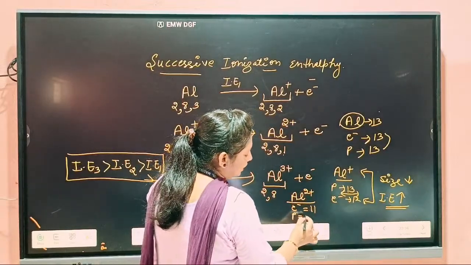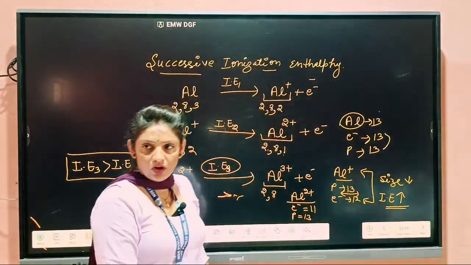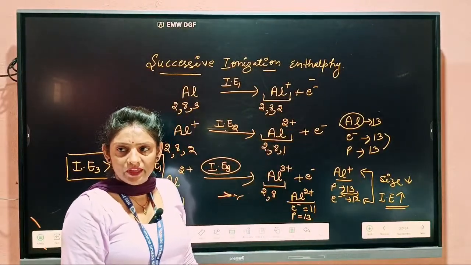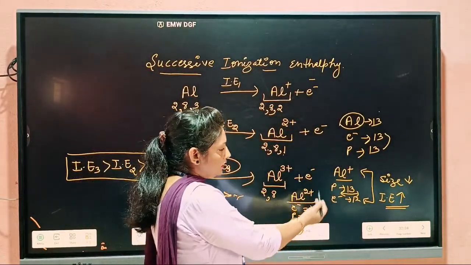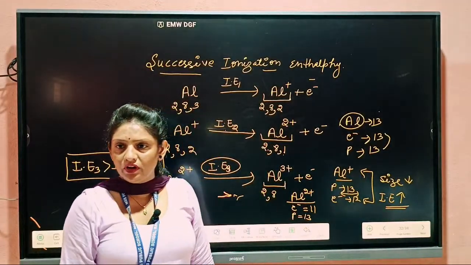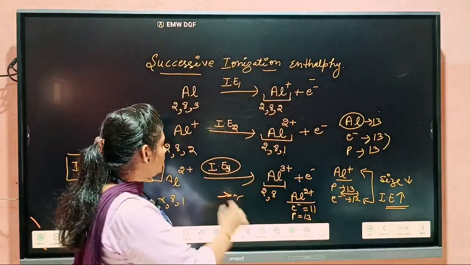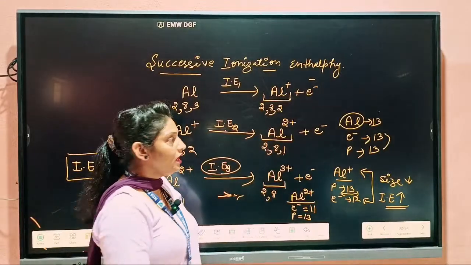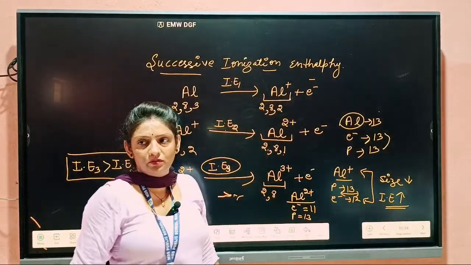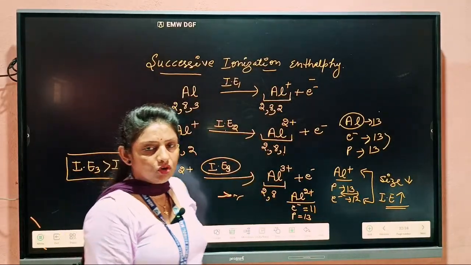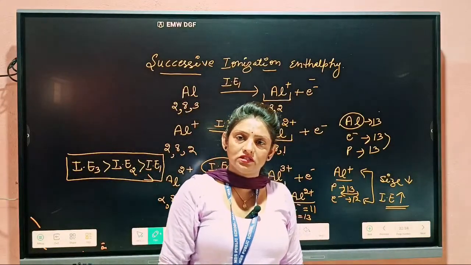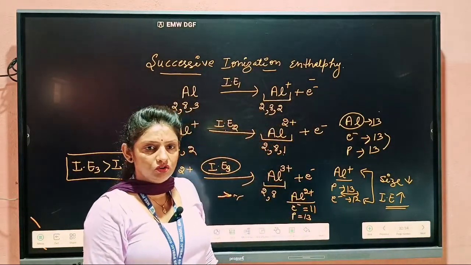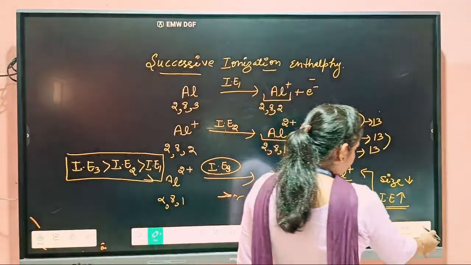But protons are 13. So again size is going to decrease, and if size decreases, then ionization enthalpy will increase. So third ionization enthalpy will be maximum and first ionization enthalpy will be minimum. And this is known as the successive ionization enthalpy. It is clear to you or not? Yes.